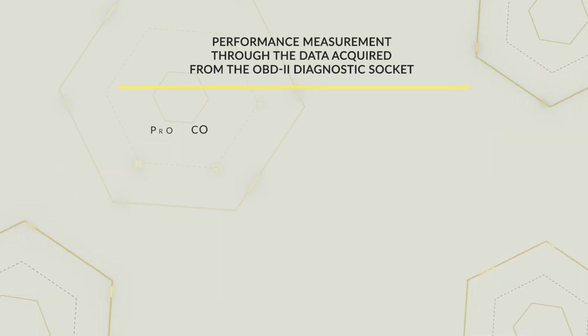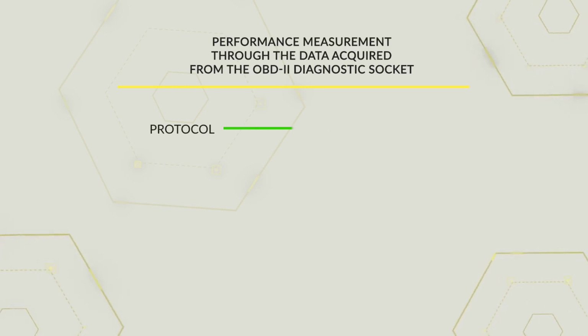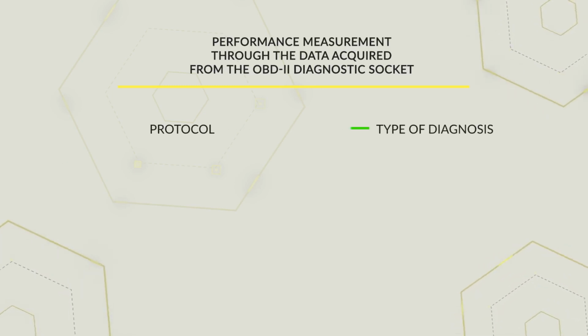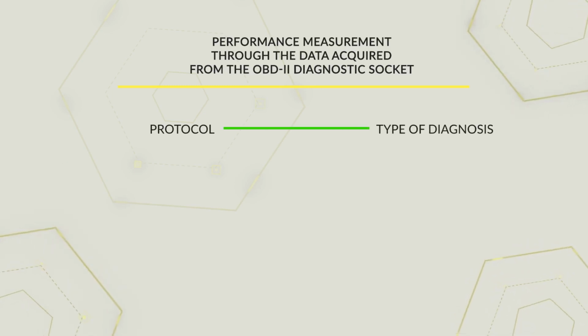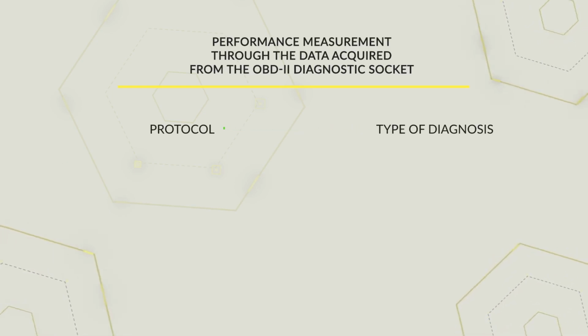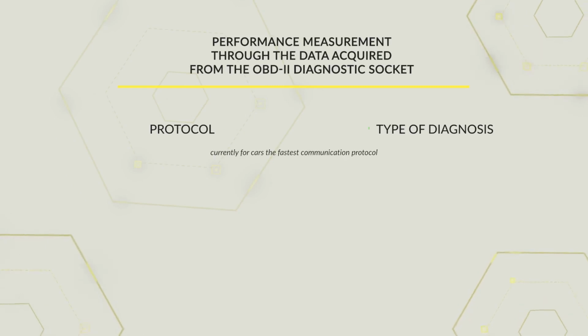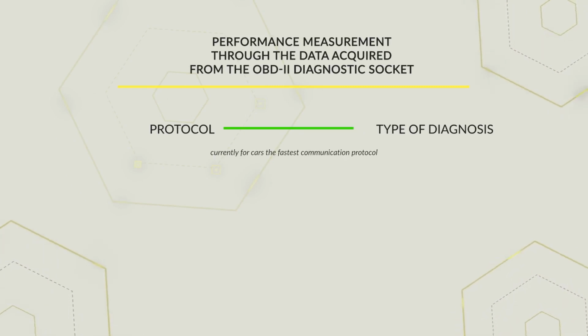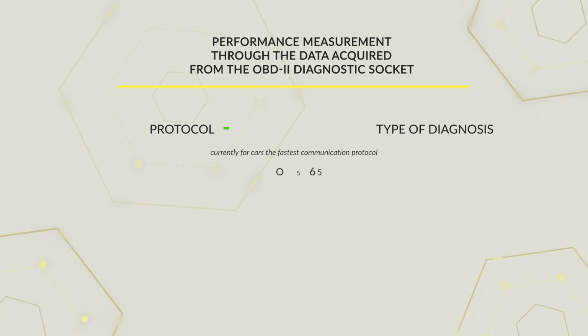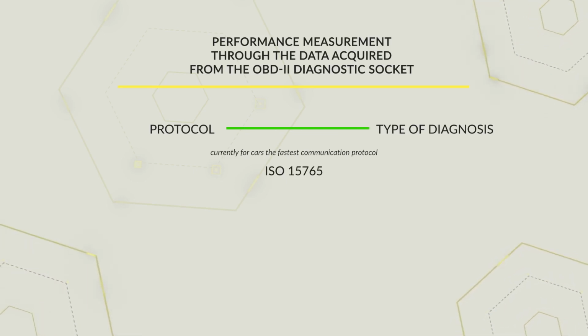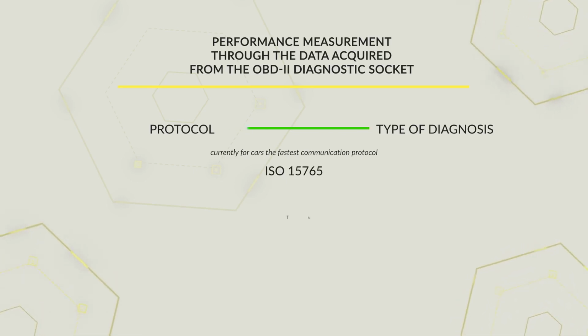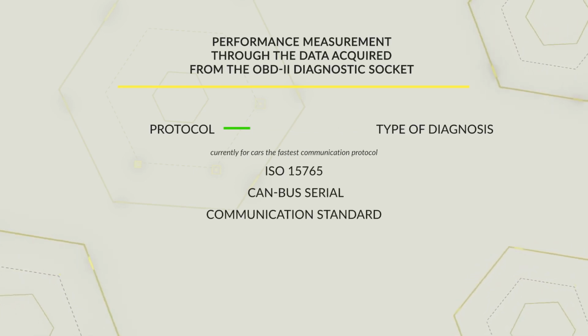The protocol used by the ECU manufacturer and the type of diagnosis supported are two very closely related factors. For the sake of completeness, we will say that currently, for cars, the fastest communication protocol used by vehicle manufacturers is ISO 15765, which uses the standard CAN bus serial communication.